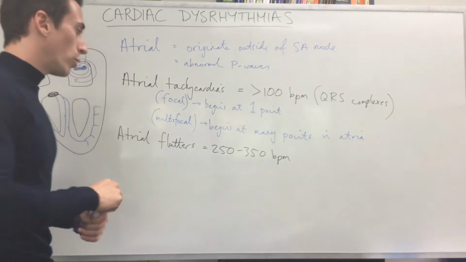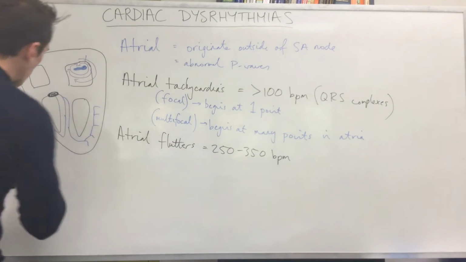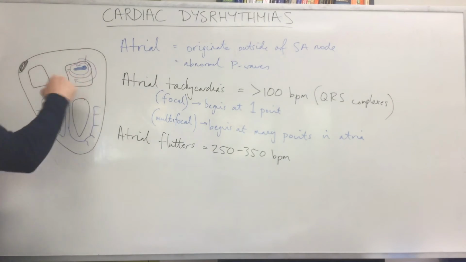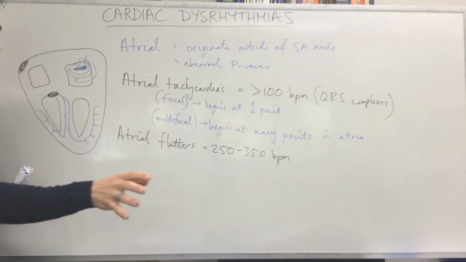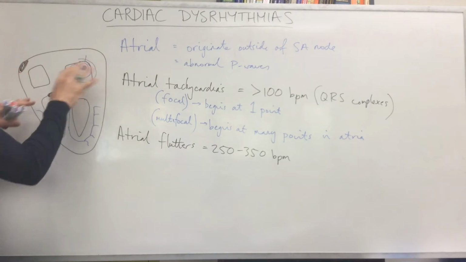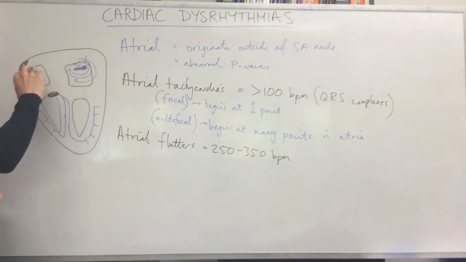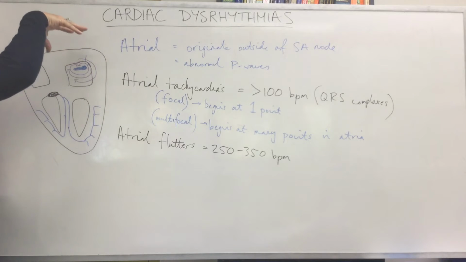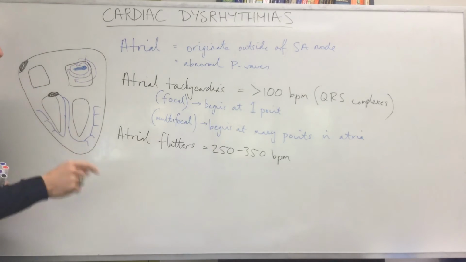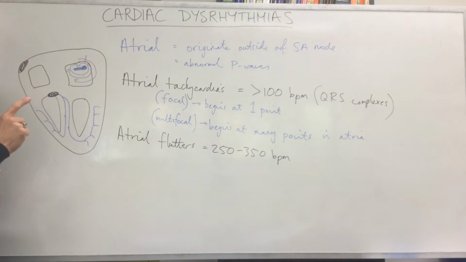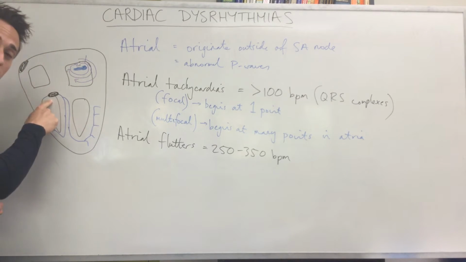Now, a very interesting point you should be aware of is that, regardless of what type of signal is being propagated at the atria with these atrial-based dysrhythmias, the rate-limiting step is the AV node, okay? Remember, I told you about normal conduction velocity in the atria, usually around about 1,000 meters per second, but then we've got the AV node, which is about 200 meters a second, right?